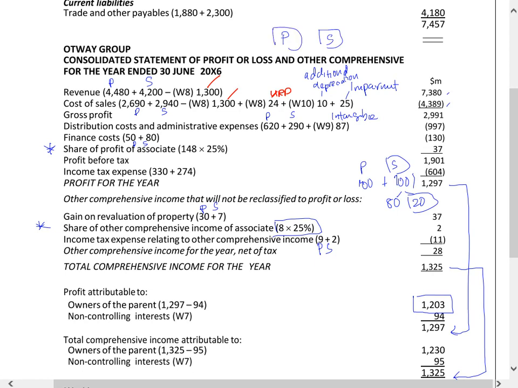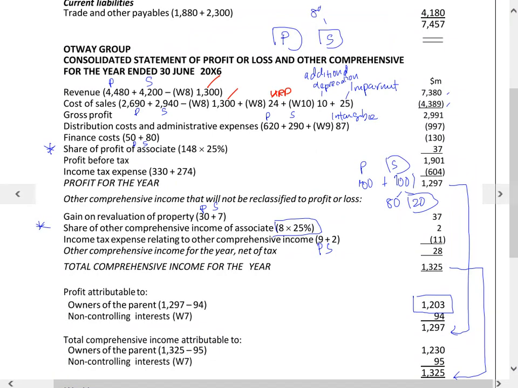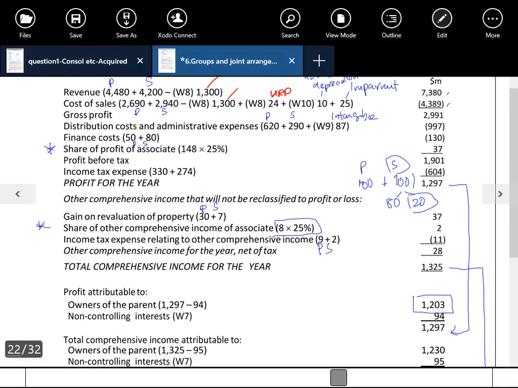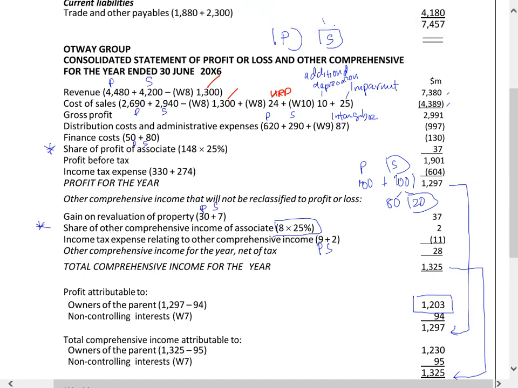I consolidate 100%. I consolidate 200%, but actually I own only 80%, which means the other 20% is not owned by me. So what I have to do is look at the subsidiary's profit and loss, which is how much?